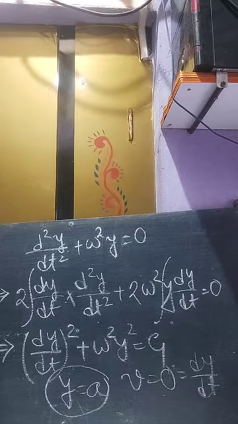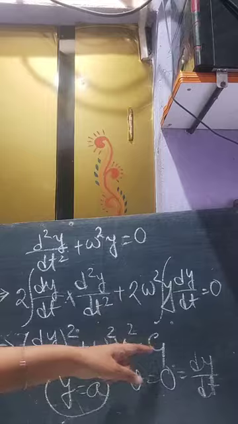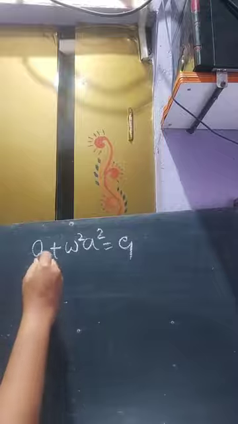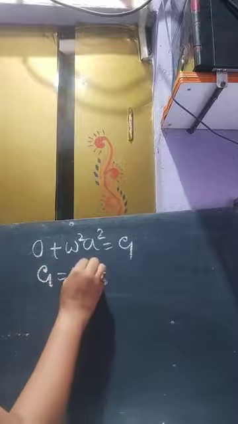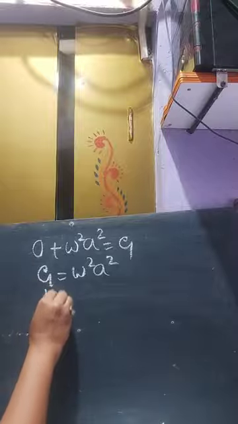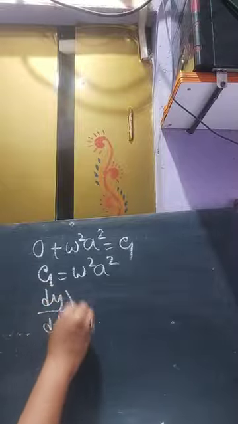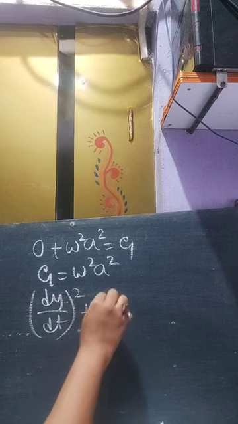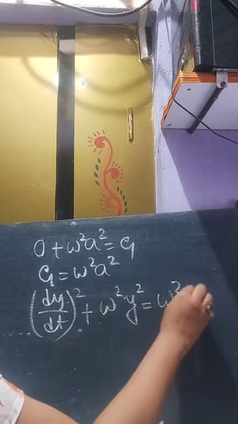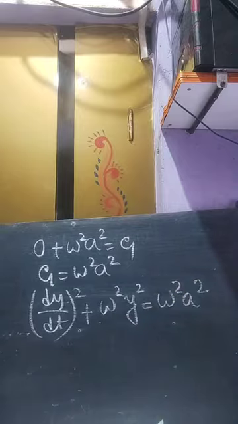So in this condition, c1 will be 0 plus omega square a square, or c1 equals omega square a square. So now the equation becomes (dy/dt) whole squared plus omega square y square equals omega square a square.